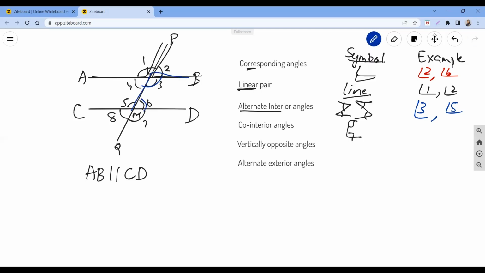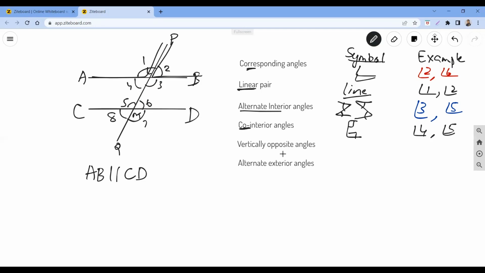It forms a C. C can be this way also or the reverse C also. So the example that we can give is angle 4 and angle 5.